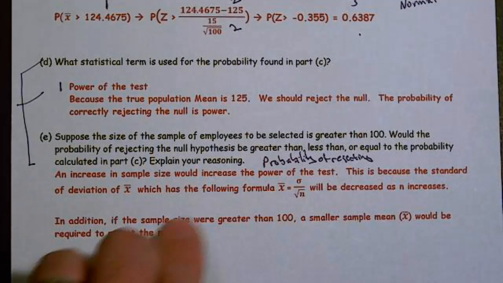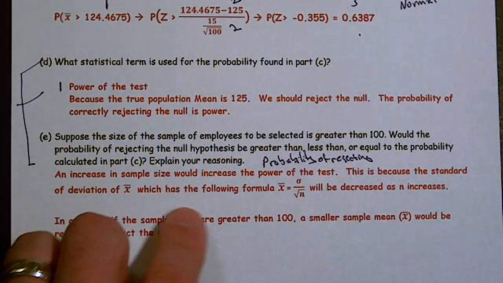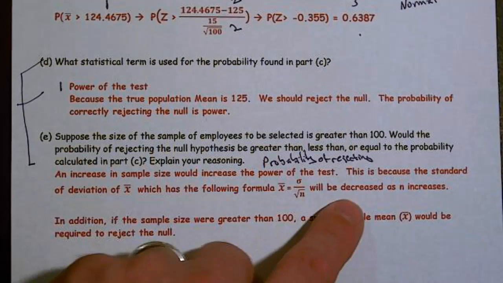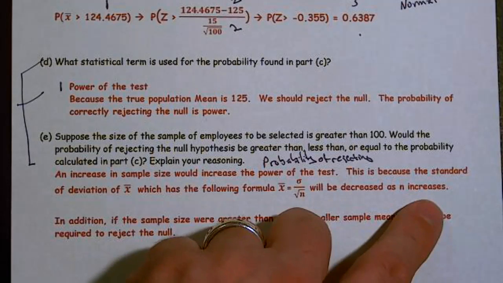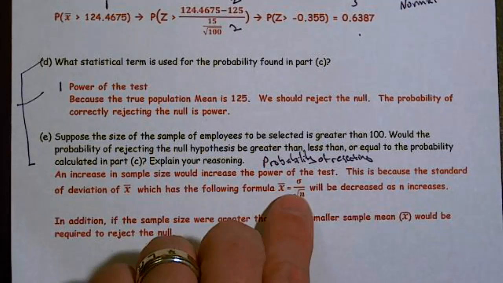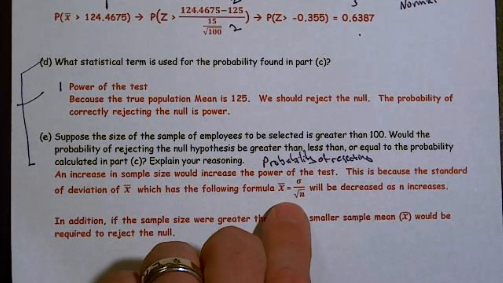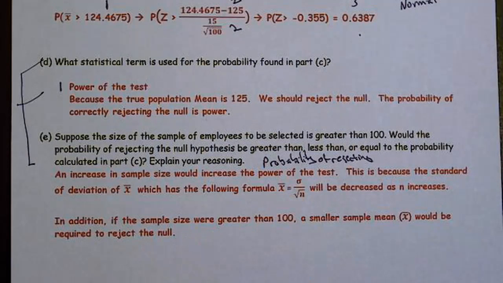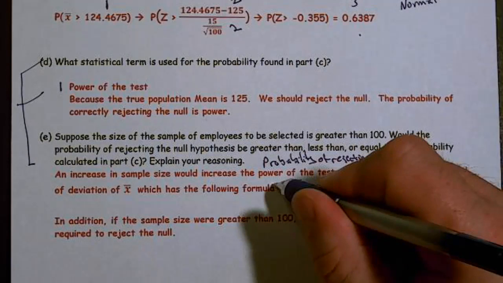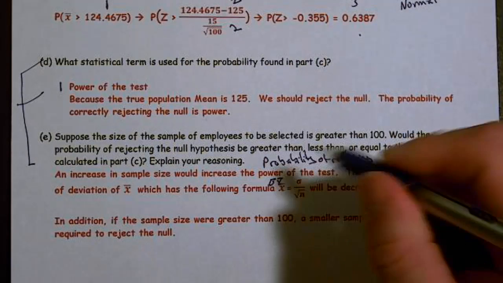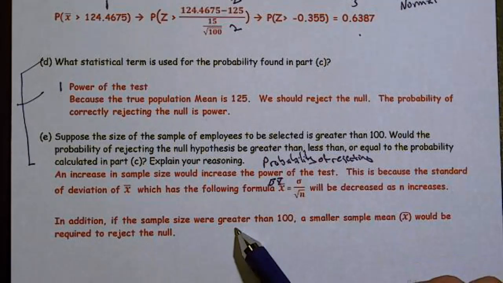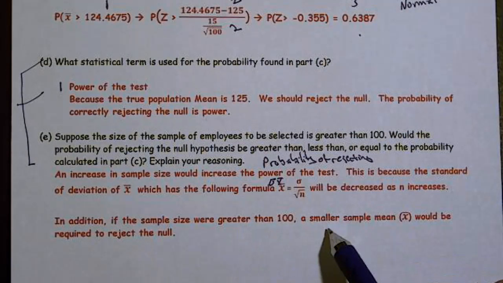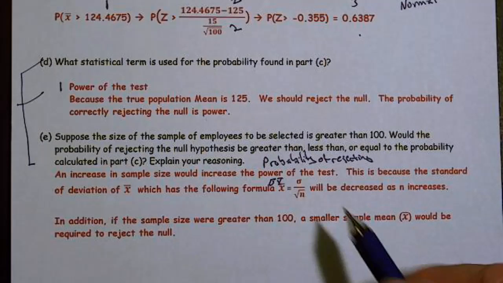This is because the standard deviation of X bar, which is the following, will be decreased as N increases, right? So as N gets larger, the standard deviation of X bar gets smaller. If the sample size were greater than 100, a smaller sample mean would be required to reject the null.